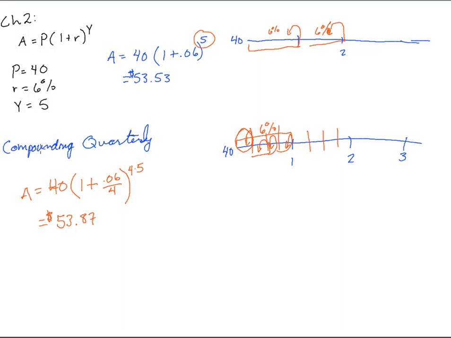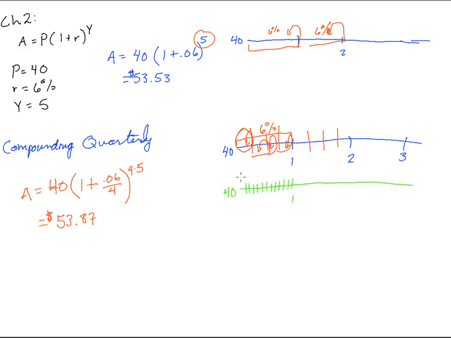Now if we were to do it 12 times, that's going to be really hard to draw, but I'll give it just a shot on this first one. So in this first year, there's 1 year, we're going to break it up into 1, 2, 3, 4, 5, 6, 7, 8, 9, 10, 11, 12 different times. We're going to start with $40.